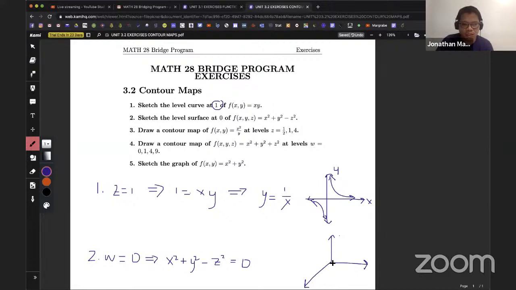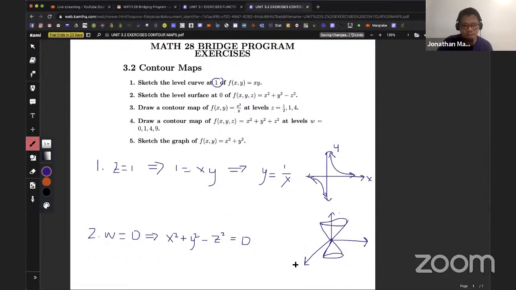Okay? Or if you are familiar with analytic geometry, the two-nap cone. Okay. This is your x-axis, this is your y-axis, this is your z-axis. Okay. So that is the level curve, the level surface of item number 2. Okay.